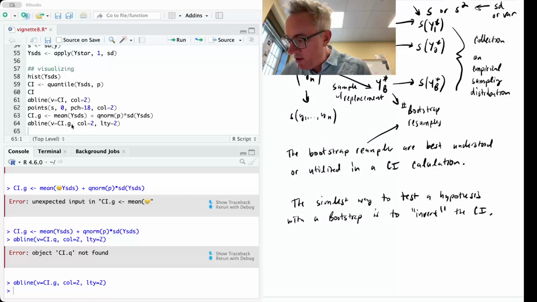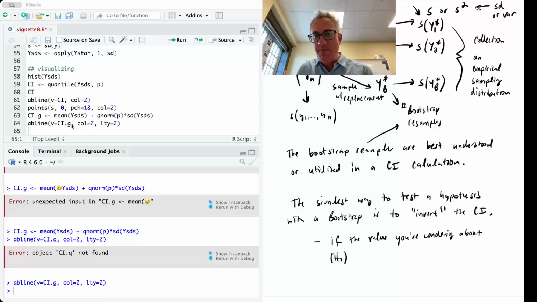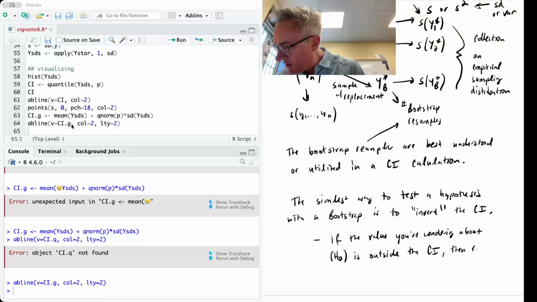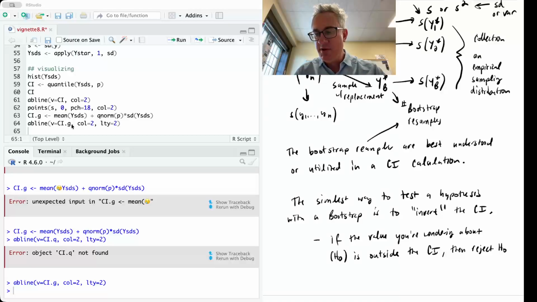So what do I mean? If the value you're wondering about, that's specified by your null hypothesis, is outside the confidence interval, then you can reject the null hypothesis at whatever level the confidence interval is.